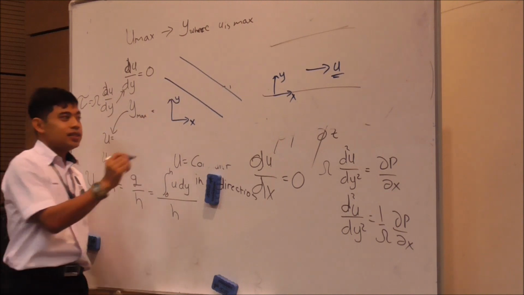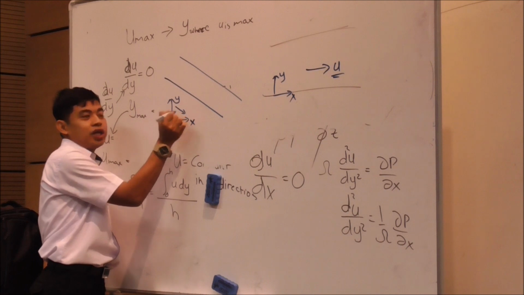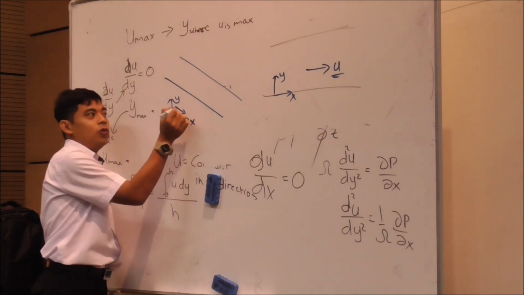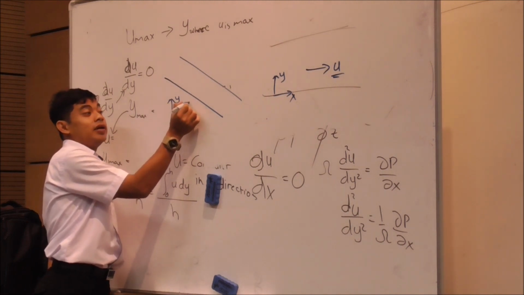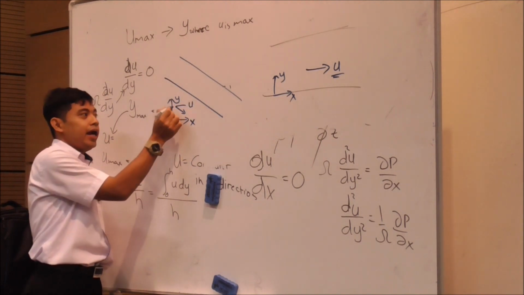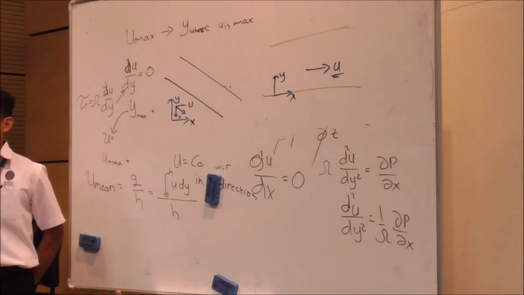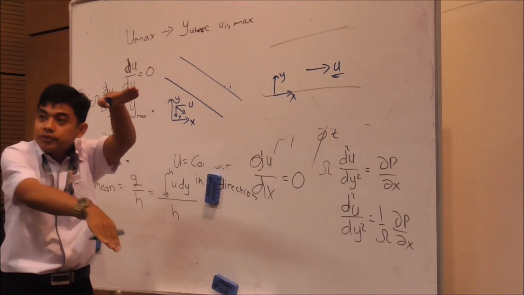What will happen is, now your flow is going in this direction. This is your flow, which means you will have u, velocity in the x component, and v, velocity in the y component, because now the flow is going in that direction.